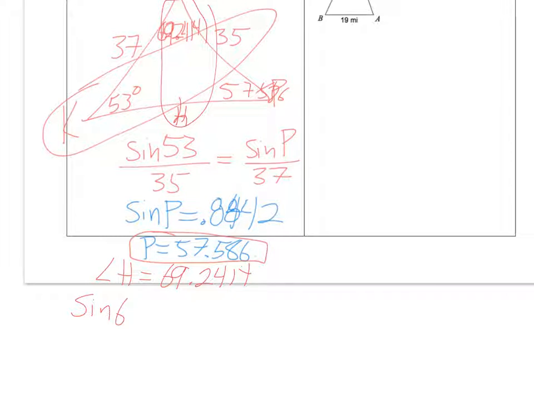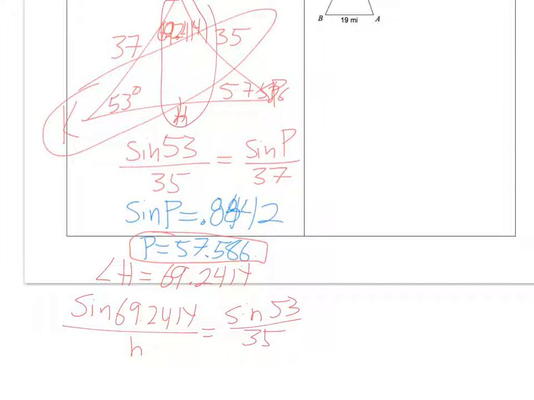So sine of 69.414 over H is equal to, and we already did one of these out, and that ended up being something gross, so let's just write this as sine 53 over 35.